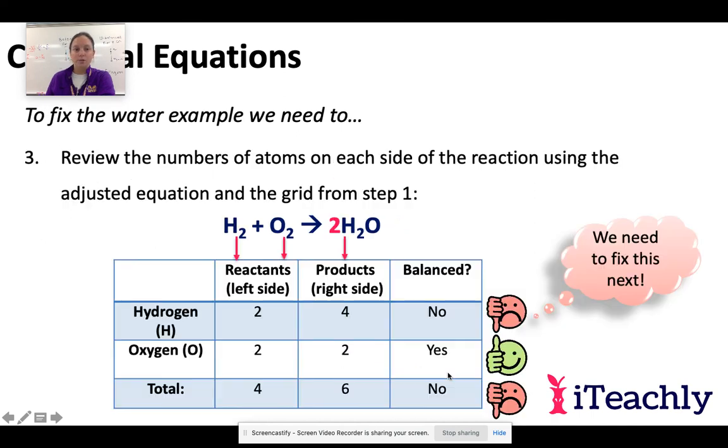So what does that do? What happened to my hydrogens? I now have 2 times 2, that's 4. So now my hydrogen's not balanced. So in balancing my oxygen, my hydrogen became unbalanced and my total numbers are not right. So we're not finished.